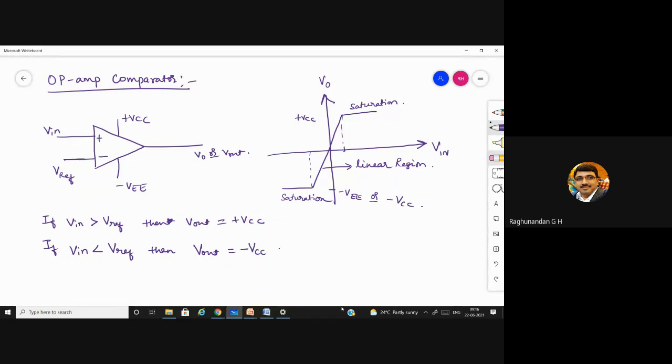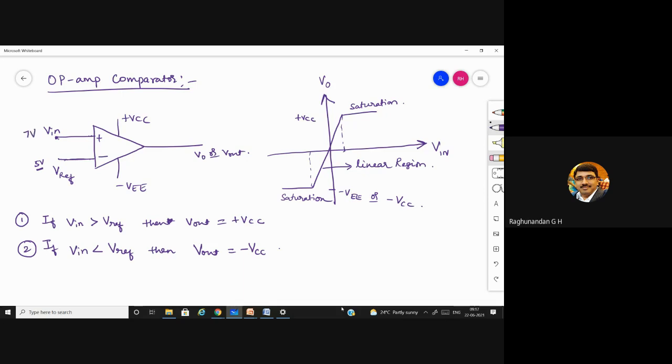Let us see now how it works. To this terminal we give the voltage which we want to compare with a predefined value, meaning some reference value. Let us assume 5 volt is my reference. Case 1, case 2. I'll give input as 7 volt.